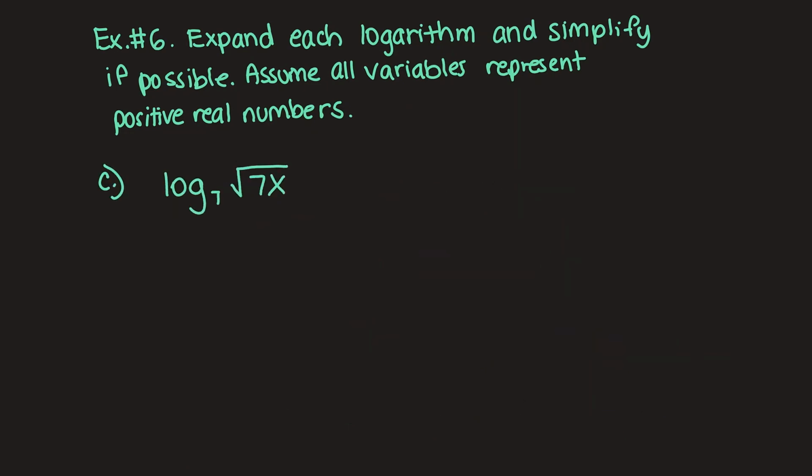To expand log base 7 of the square root of 7x, first let's rewrite the radical as the quantity of 7x raised to the 1/2 power. And now that we have an exponent for the input, we can use the power rule and write this as 1/2 times log base 7 of 7x.